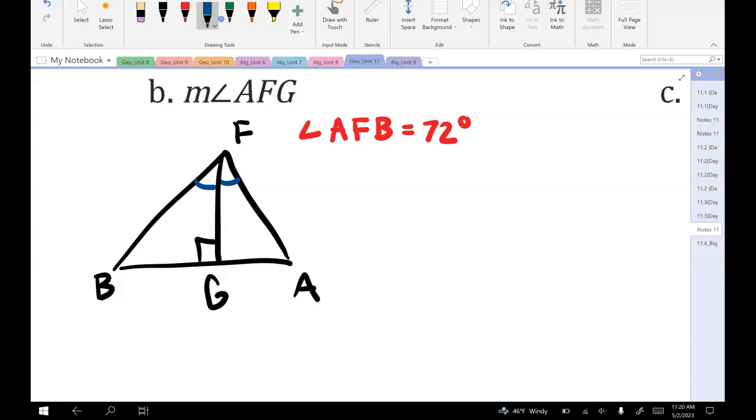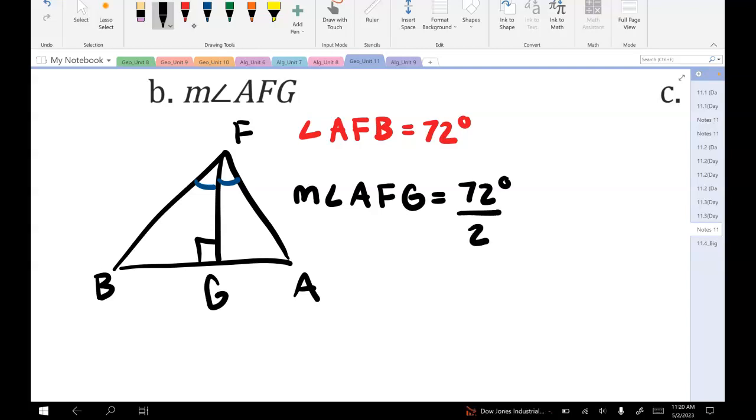To split 72 in half evenly, we divide 72 by 2. So the measure of angle AFG is equal to 72 degrees divided by 2, because we're bisecting it. So this blue angle is 36 degrees, which means this one also has to be 36 degrees.